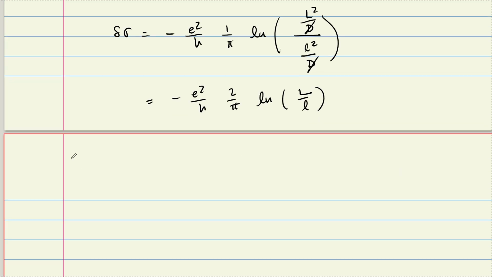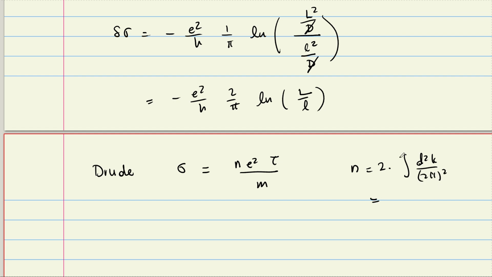So now let's use the Drude result for sigma, and it is going to be n E squared tau over m, and n in 2D is going to be spin times d squared k over 2 pi squared, right? And this integral goes from 0 to k Fermi, and if you take this integral, let me assign this as homework.